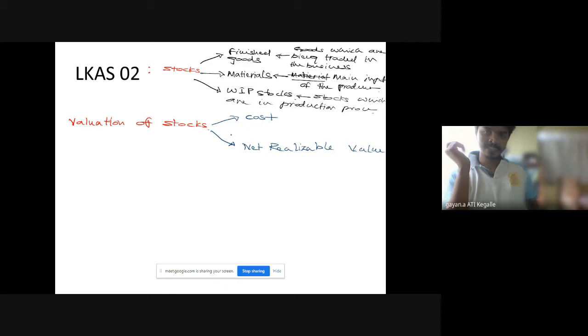Cost in the sense it include cost related to the purchasing or otherwise some converting cost.